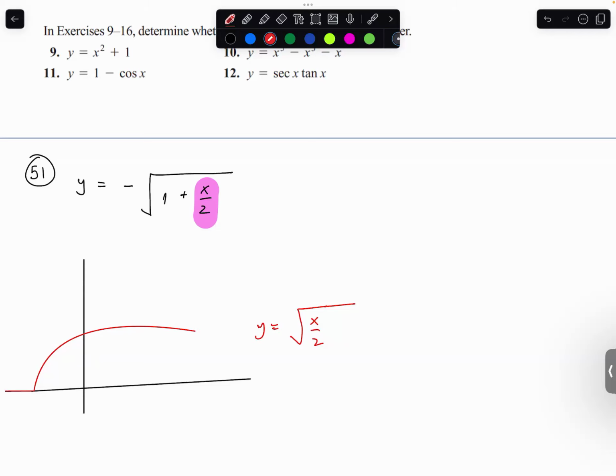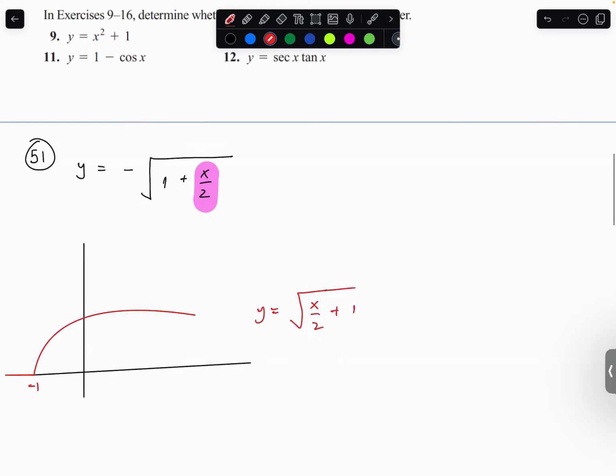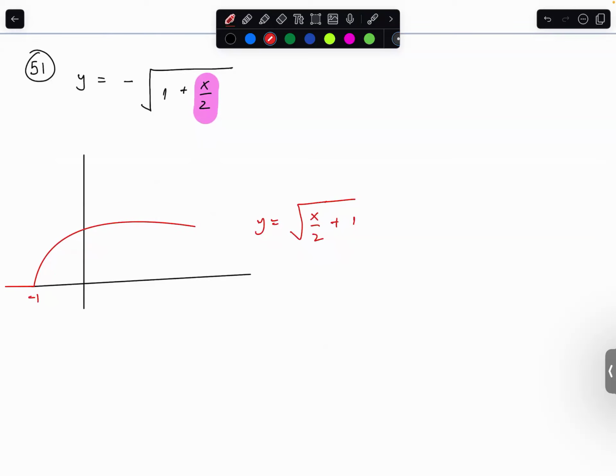Let's say this is -1 right here. Now this graph is the graph of y equals square root of x plus 1. The next thing we have to do is take care of this negative here. This is nothing but a reflection. All we have to do is reflect that graph across the x-axis.